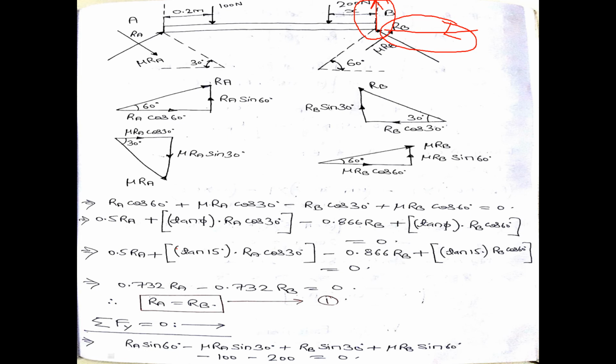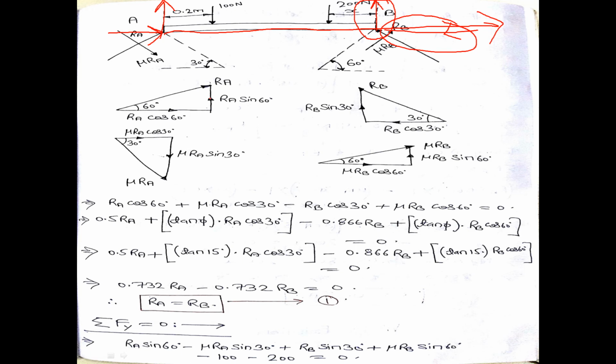Fine. And if I check RA, again RA will have two components. RA cos 30 will be like this, and you can see RA cos 30 will pass through point B. Again we are not having any perpendicular distance, so we will not take this force into account while calculating moment. But RA sin 60, this is RA sin 60.